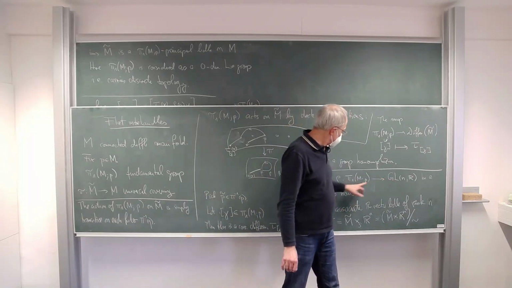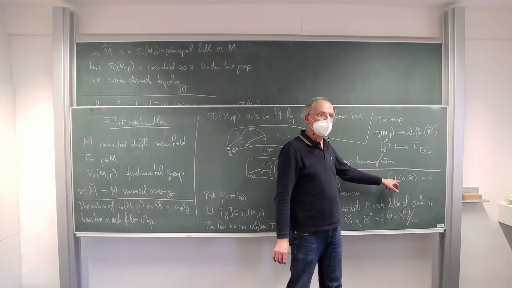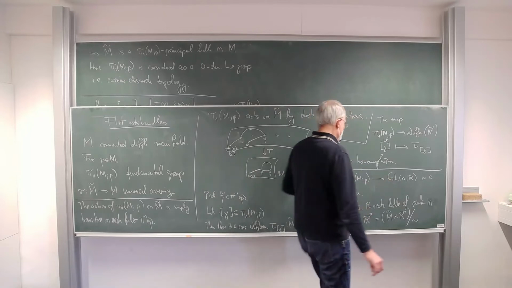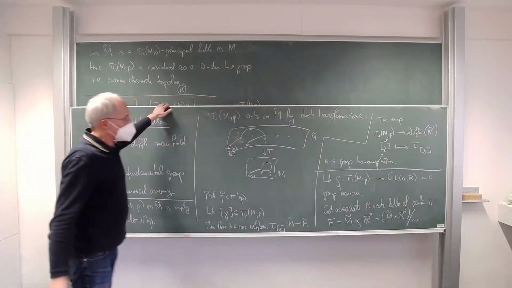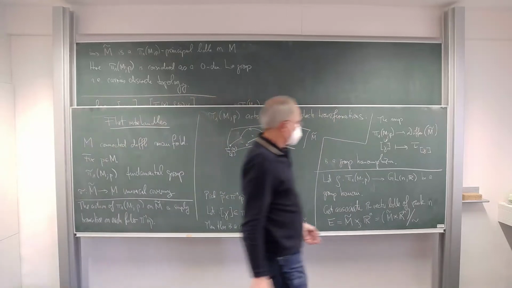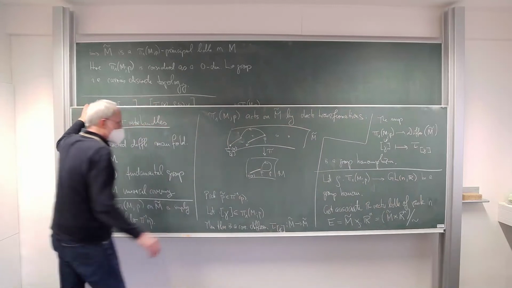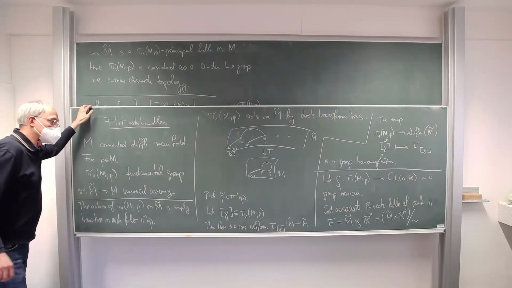So depending on which structure group you precisely take here, you get different types of bundles that we have considered. And these are exactly the structure groups that we were looking at earlier, right? So GL_n(R) is the structure group of a general real vector bundle.